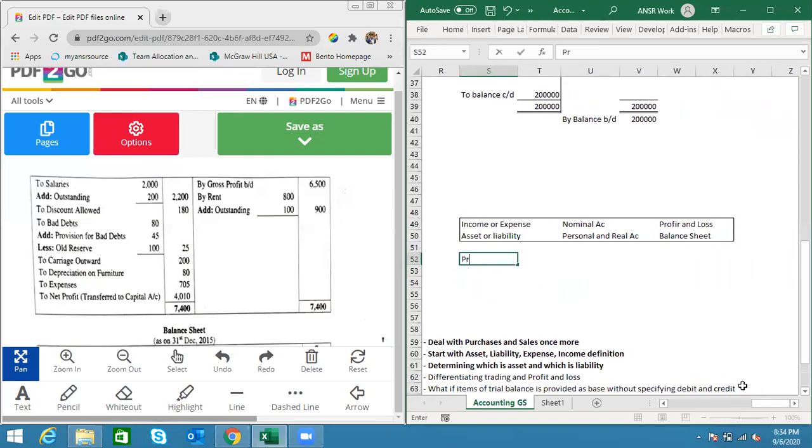So for the profit and loss account, better you also write it down somewhere. All the expenses and incomes will come here. Expenses are nothing but whichever accounts you have determined as nominal accounts which have a debit balance.